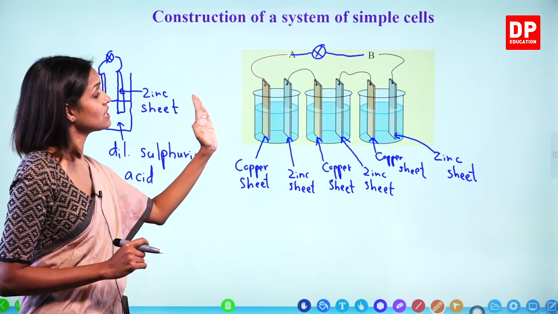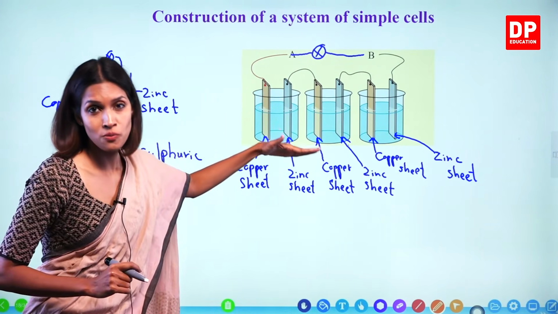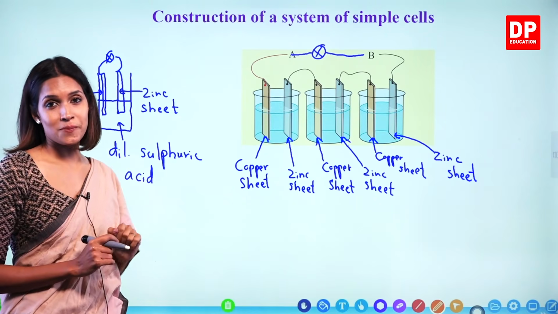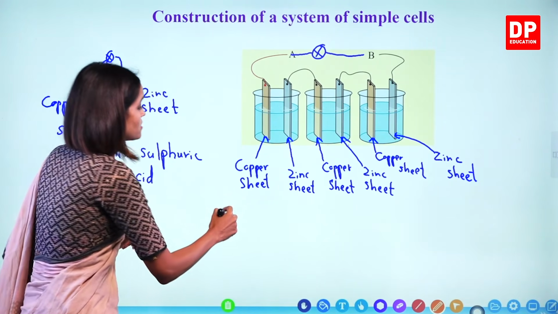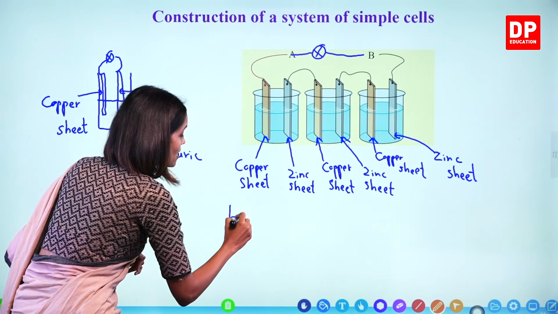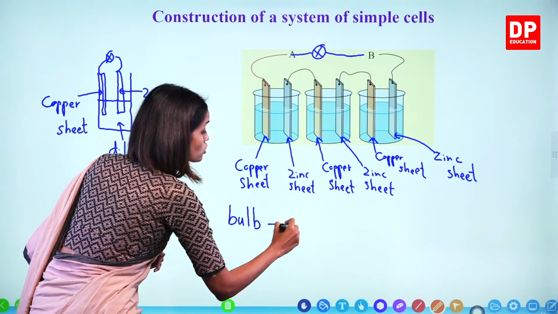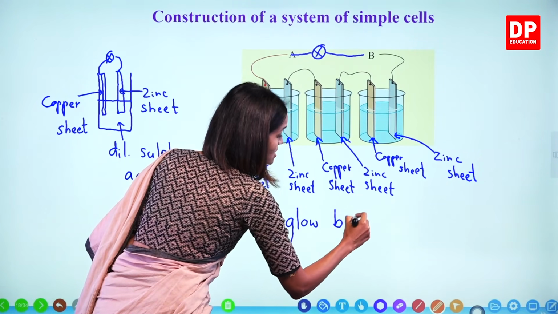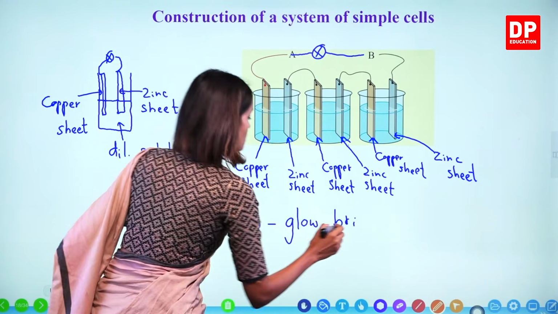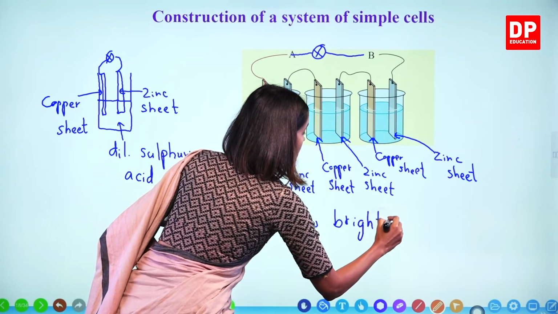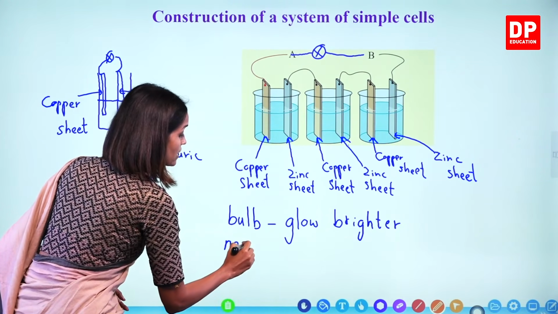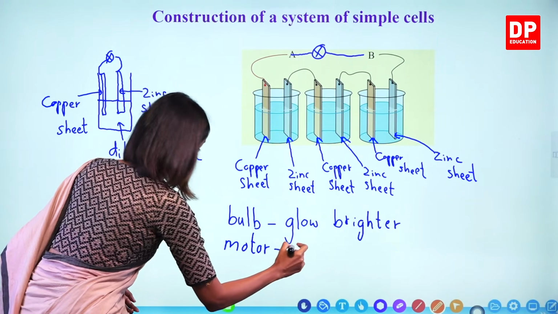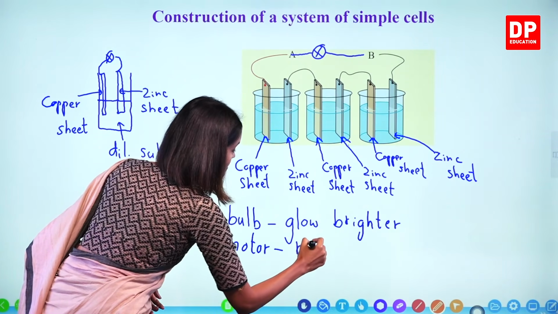The ammeter indicator will deflect more than the first setup. Okay, so what will happen if you connect a bulb? Bulb will glow brighter, right? And motor, if you connect a motor, it rotates faster.